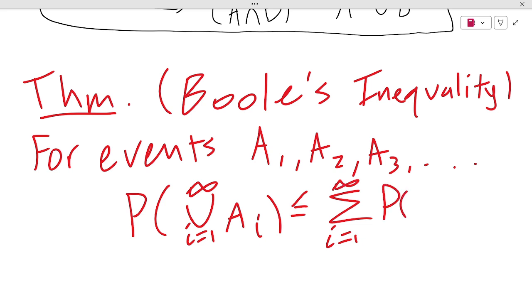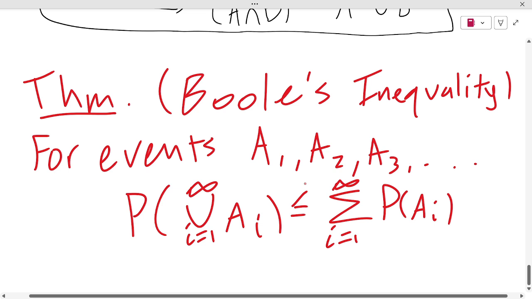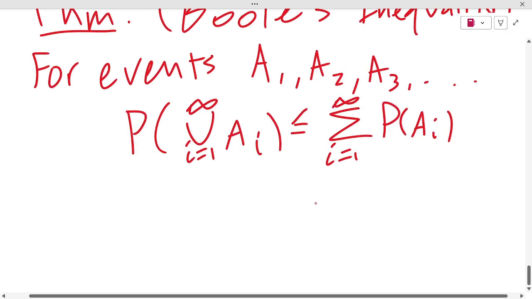And this plays into what we were talking about when you're counting up individual probabilities, there's going to be overlap. So when we sum these together, we're summing the probability of A1 and then the probability of A2. But what about those cases where we have the probability of A1 and A2? So we're really double counting.